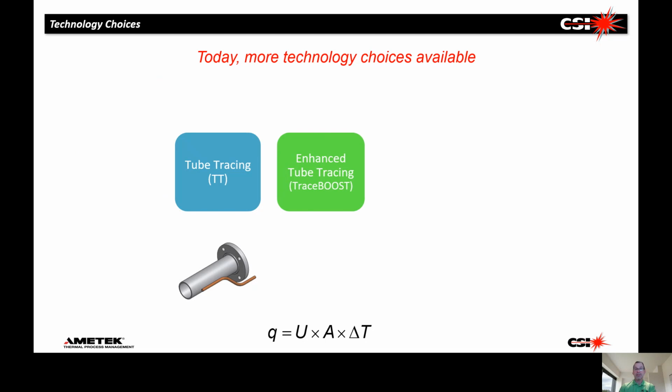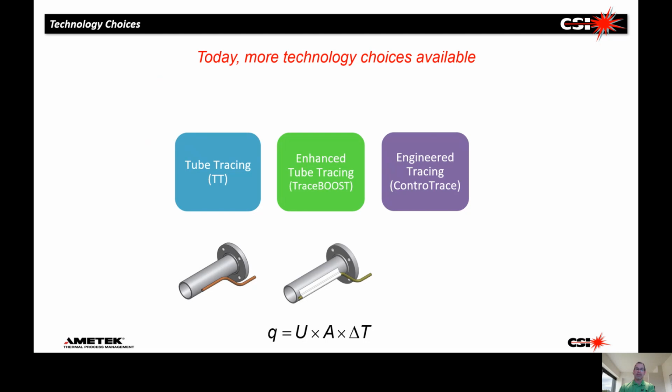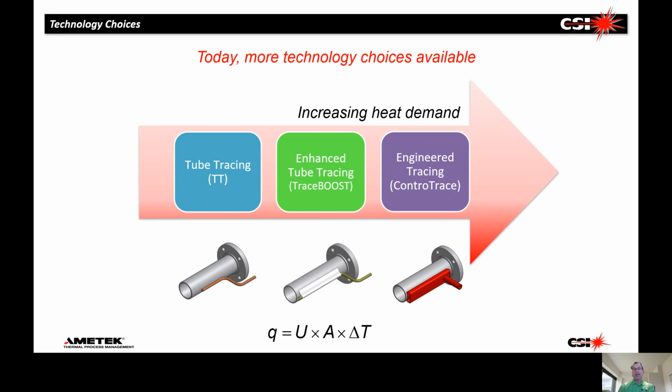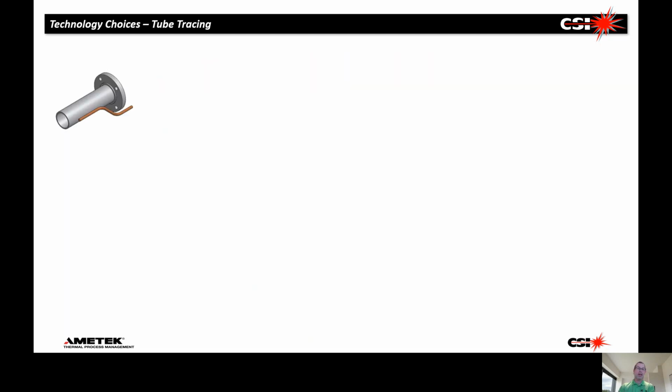We're going to look at an enhanced tube tracing system, and we're going to look at an engineered tracing system. As you can imagine, as you go from left to right across the screen with these different systems, the heat demand goes up in terms of the capability of those product lines. And so we'll study a little bit closer as to why those different product lines may be of use in selecting the heating systems for these particular lines.